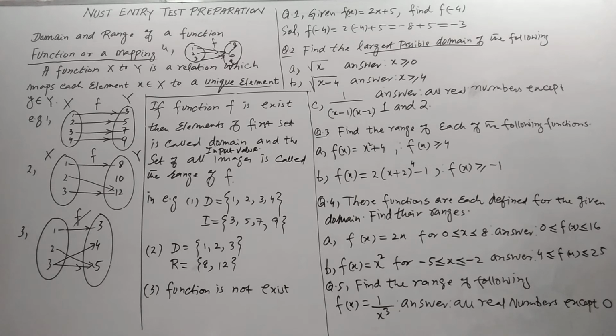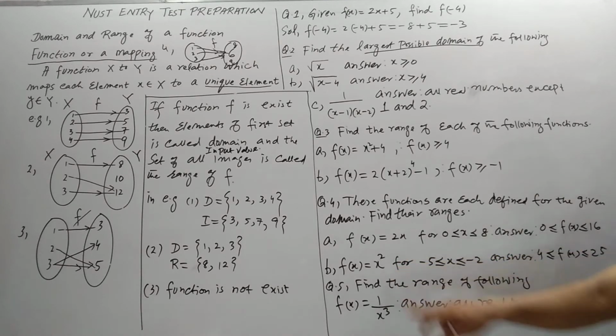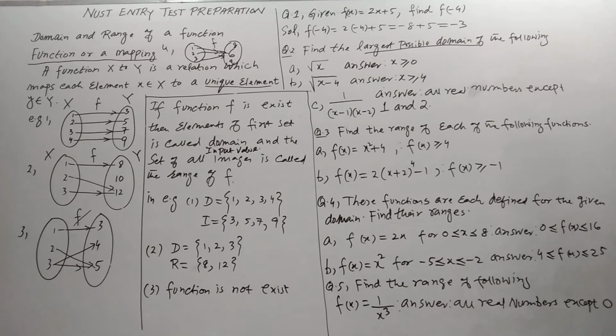So the first value is 25, and if you put -2 over here, -2 square is 4. So for the first value you are getting 25 and for the last value you are getting 4. Therefore your range is from 4 up to 25. This is your range. I hope you understand.